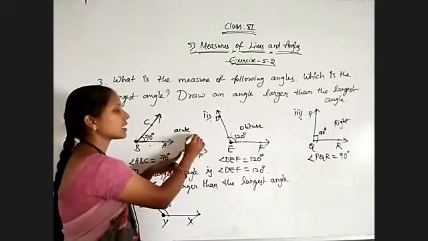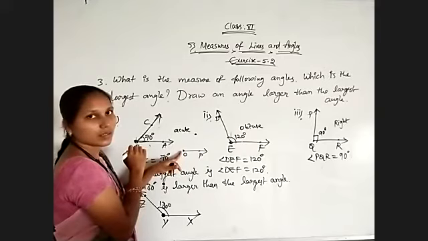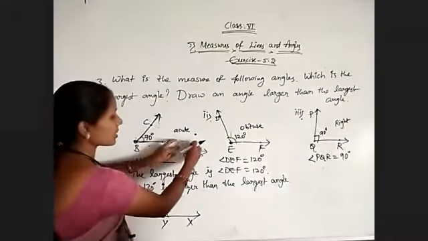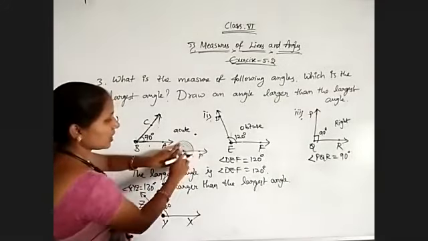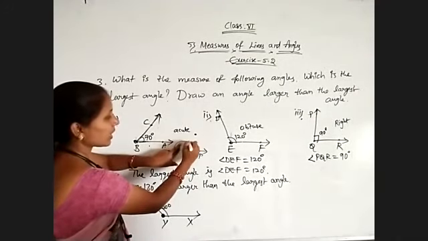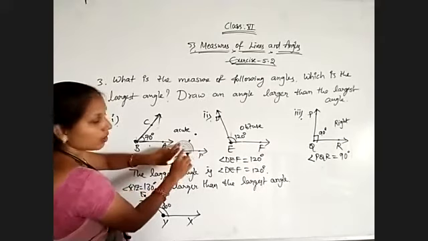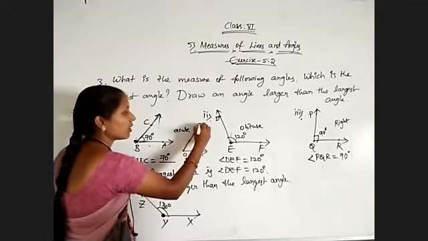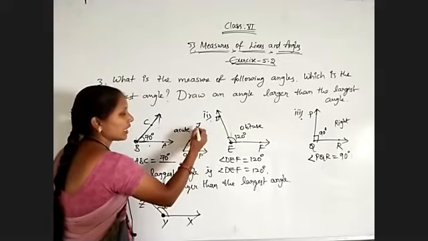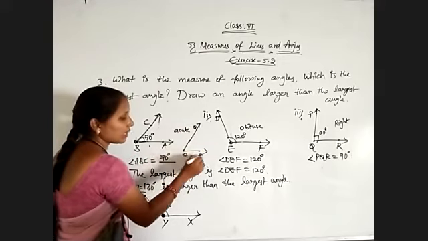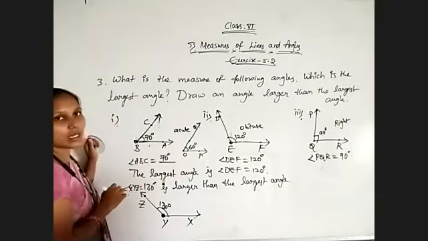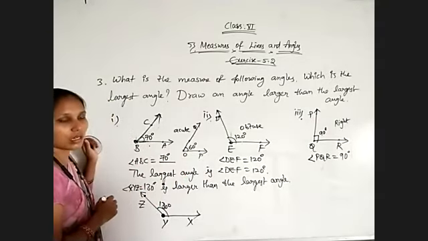Wherever 60 degrees is, mark it, keeping your protractor at O like this. Now remove the protractor and join with the scale. Let it be Q. So angle POQ is equal to 60 degrees, constructed with the protractor. That's all.